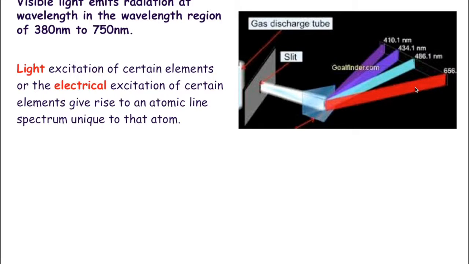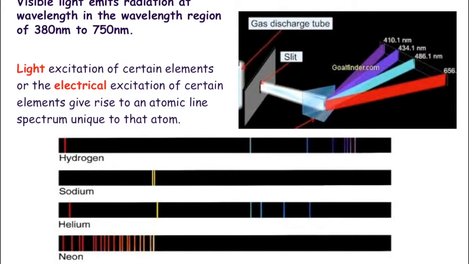This is called the atomic line spectrum phenomenon that was plaguing scientists back in the early 1900s. They didn't understand why certain elements gave a particular set of wavelengths of light. In fact, if you take a look at hydrogen, if you put hydrogen here and excite it, these are the wavelengths of light. No other colors were emitted. These were the colors that were emitted in the visible spectrum, by the way.